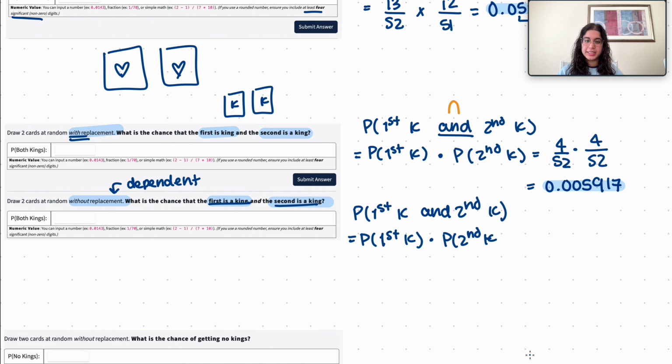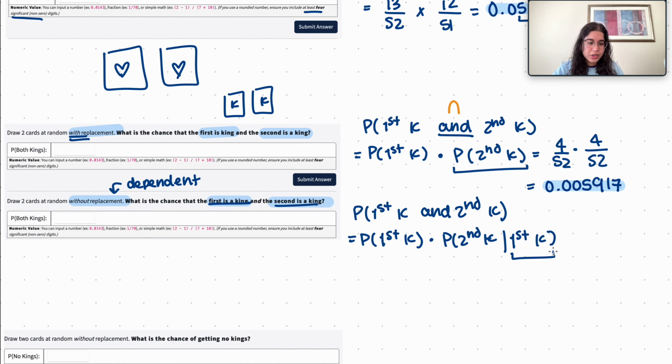The total cards in the deck is 51 now instead of 52. So when I write out my probability statement, instead of the second term being the probability that the second card is a king, it's going to be times the probability the second card is a king, given that the first was a king.